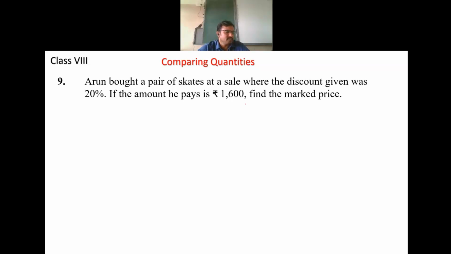Here, if I consider the market price to be some X, then discount percent will be discount by market price into 100. We can use that formula and we can try.